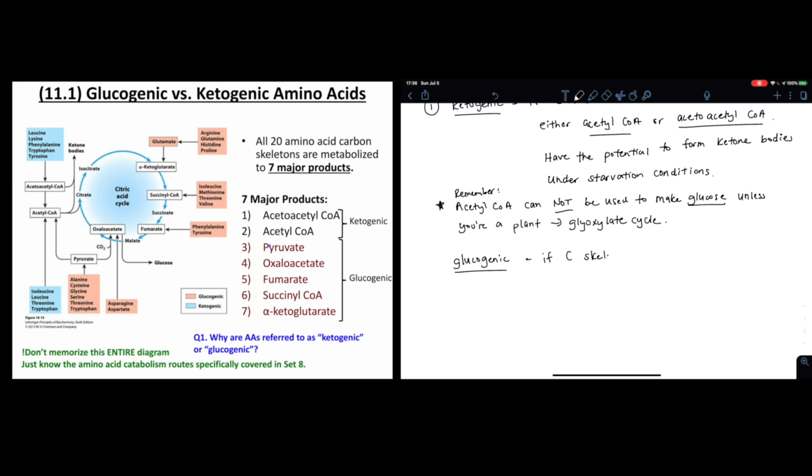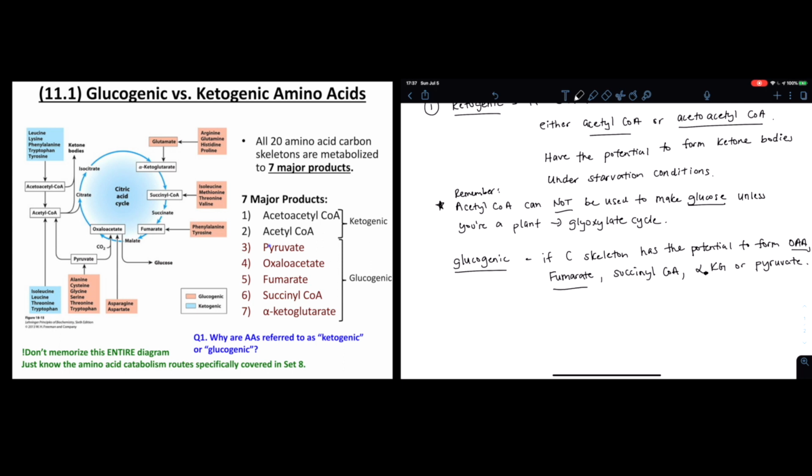This is if the carbon skeleton has the potential to form oxaloacetate, fumarate, succinyl-CoA, alpha-ketoglutarate, or pyruvate.